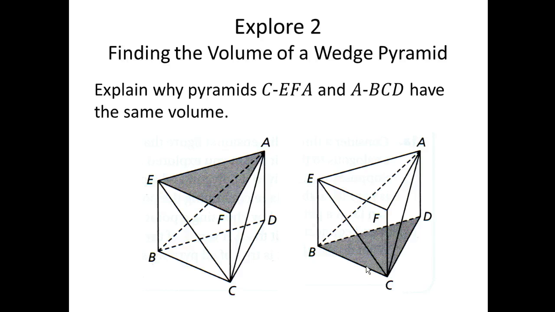So I know that at the very least they have congruent bases. I'm trying to establish that they have the same volume, so I check if they have the same base area, and they do because I constructed it to be that way. And notice that they also have the same height, because this height FC I constructed so that it was congruent to the height AD. So that's the reason these two pyramids have the exact same volume.